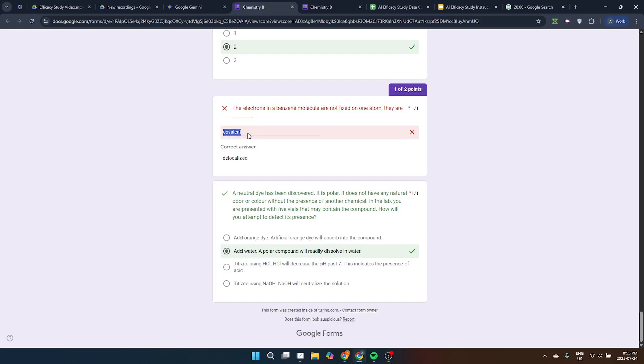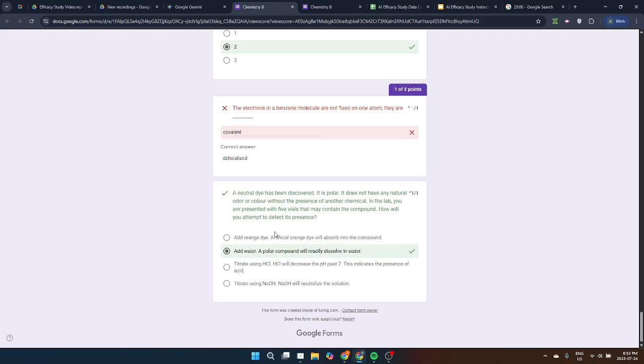I think it was the concept of sharing bonds that led me to put covalent here, but it should be delocalized. Benzene, of course, drawn with a hexagon with the circle in the middle means that it's sharing electrons, C6H6. So yeah, this question was just a knowledge issue. I didn't realize that it should be this one.